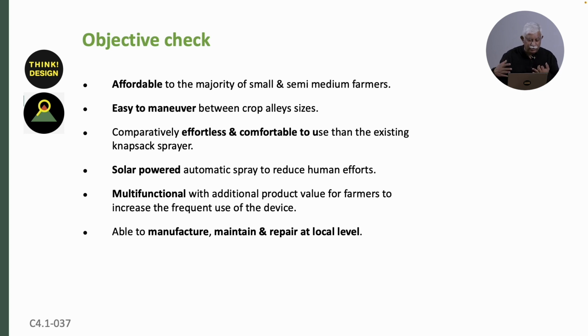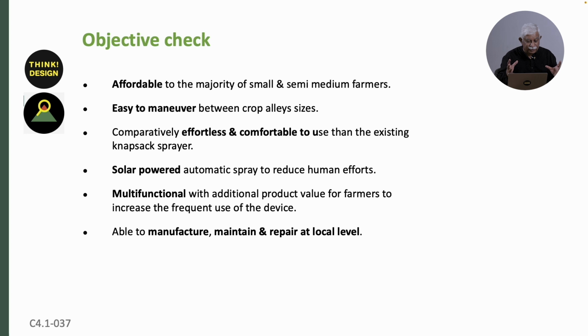Easy to take along the crop, between the crops. It's comparatively effortless and comfortable to use than the existing ones which you have to take on your back. It's solar powered, so it's an automatic spray. It reduces human effort.